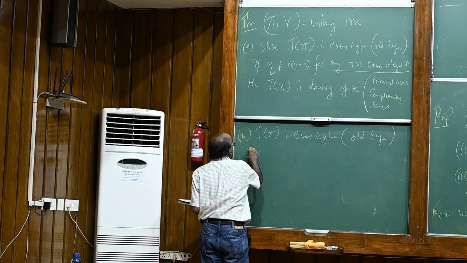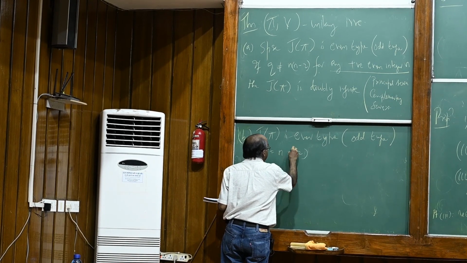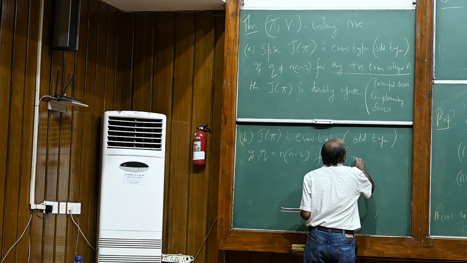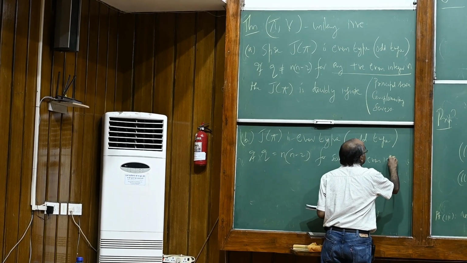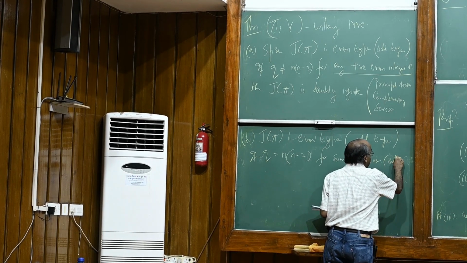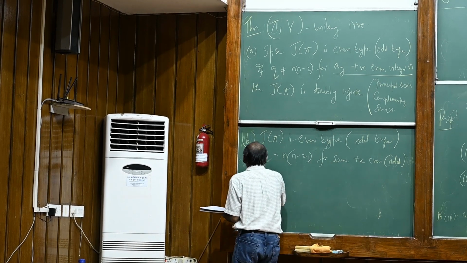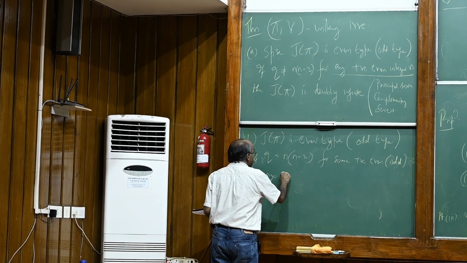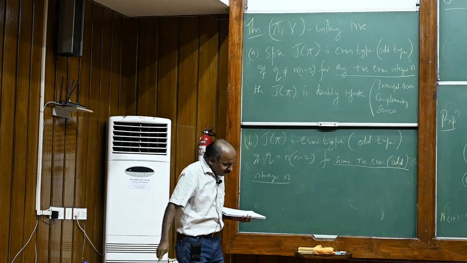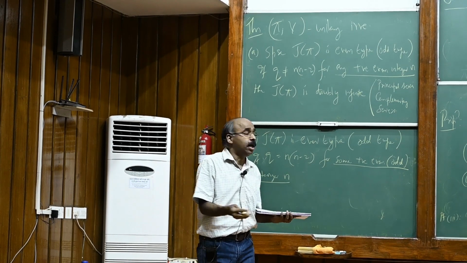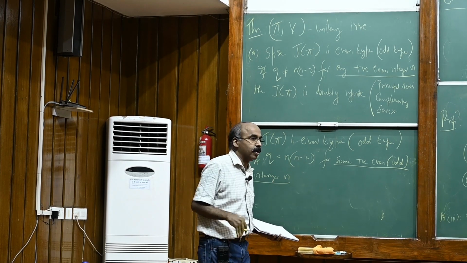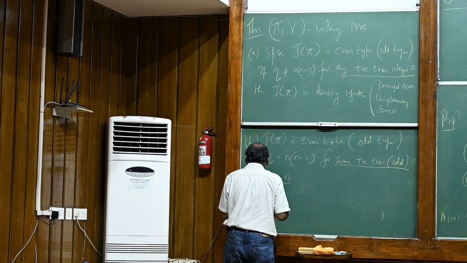If the value is n into n minus 2 for some positive even integer, and even or odd type, odd type meaning you look at odd integers. Don't worry about the positive integer, because if n is negative, you write it as minus m, you will have minus m minus 2, that is m plus 2 into m, which is again of the same form. So that's why it's written like this.